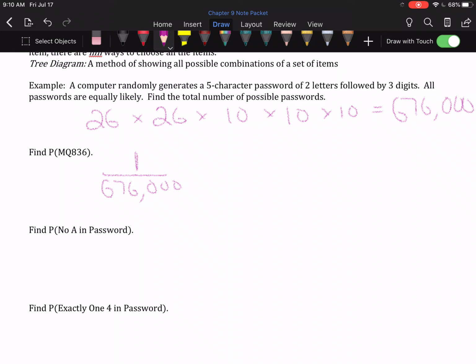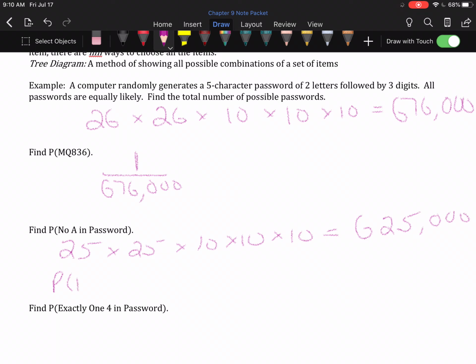So we would say, okay, there's only 25 possibilities for the letters now, because you're not allowed to have A. There are still 10 possibilities for the digit portions. So when I multiply all that out, I'll get 625,000. So there are 625,000 passwords that don't have an A in them.